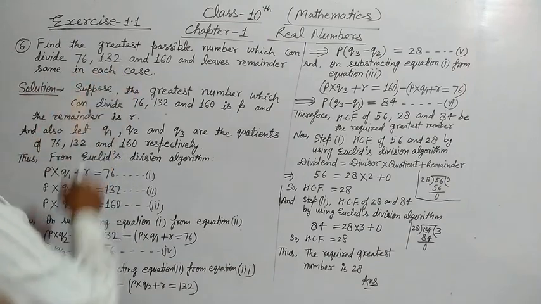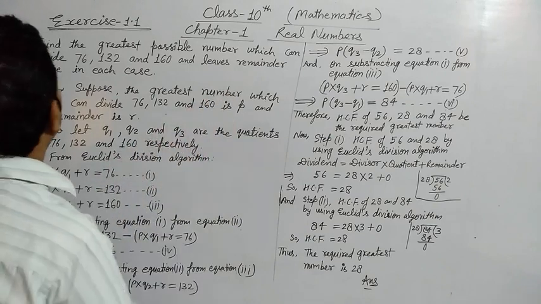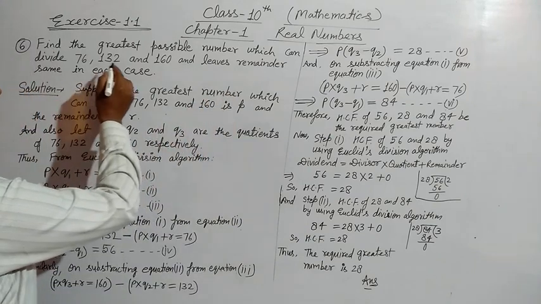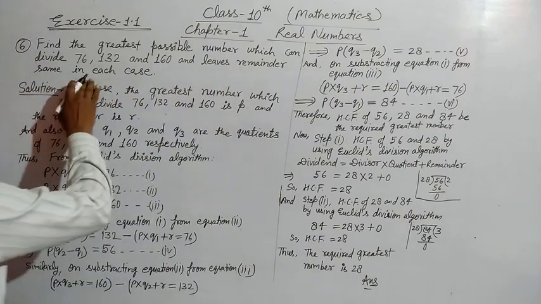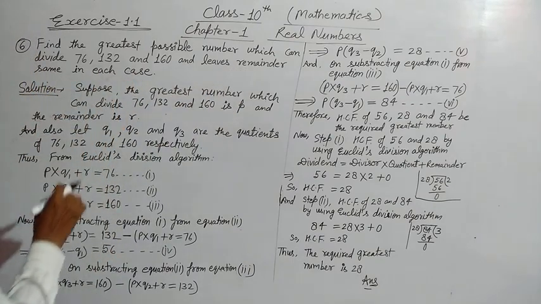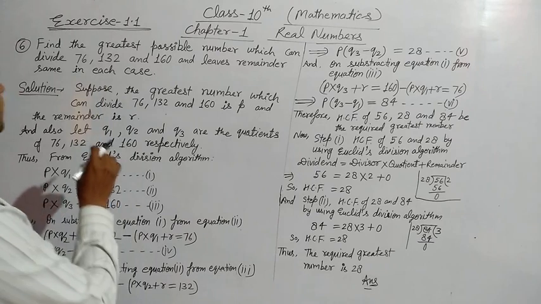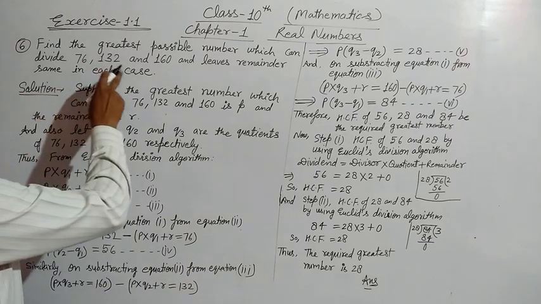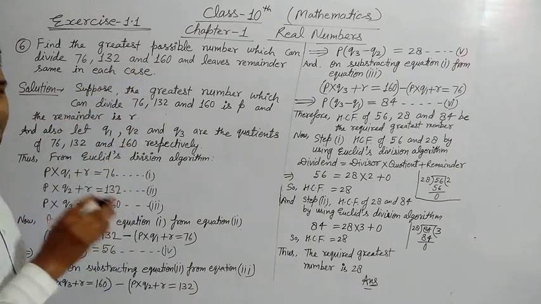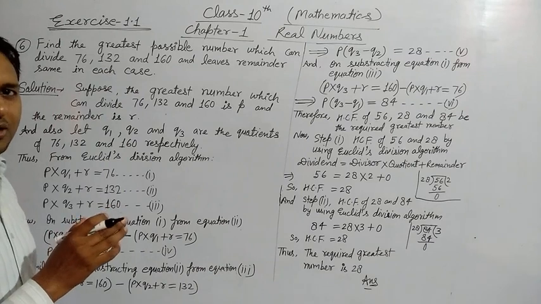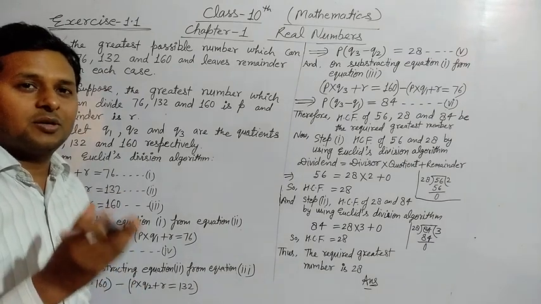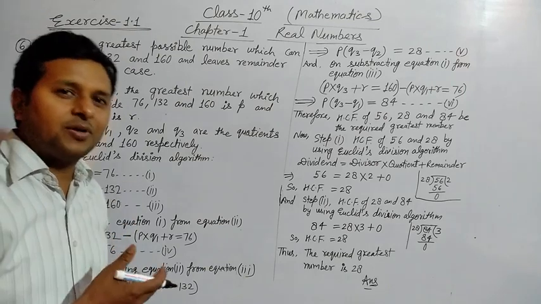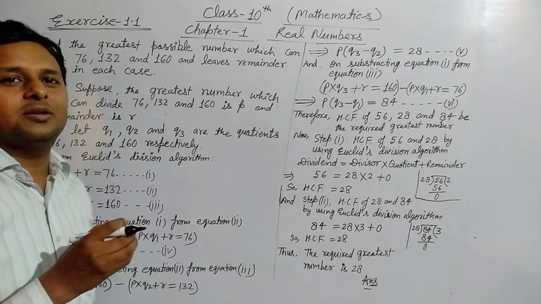Find the greatest possible number which can divide 76, 132 and 160 and leaves remainder same in each case. Here in this question, three numbers are there, 76, 132 and 160, and you have to find the greatest number, that means HCF, the highest common factor.